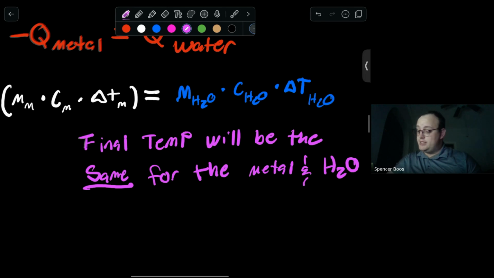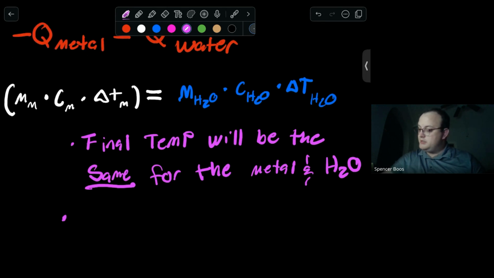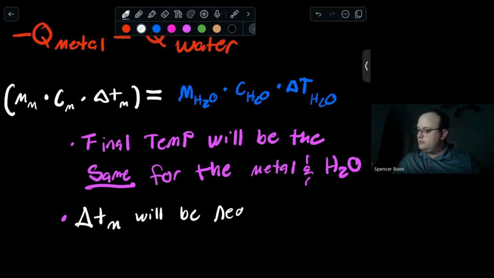Another good hint is that your delta T for your metal will be negative.